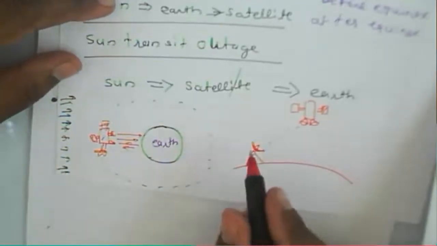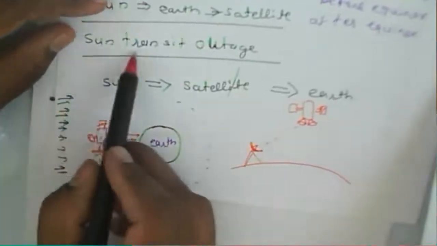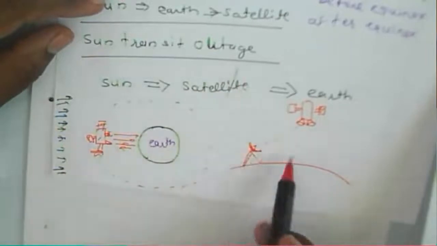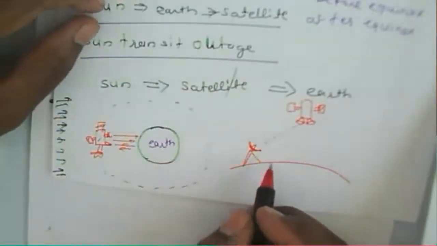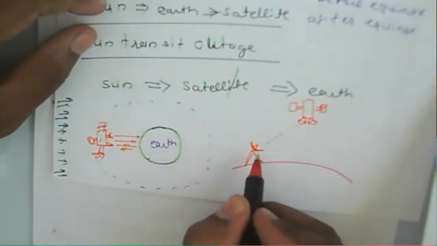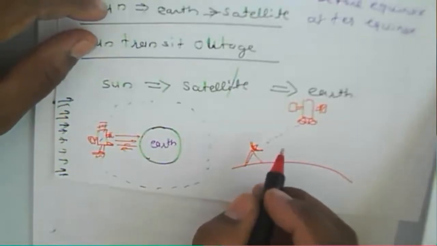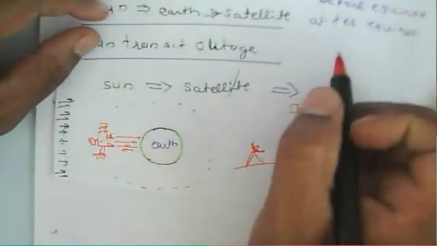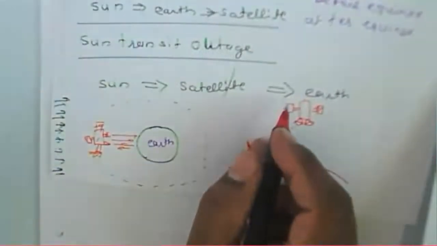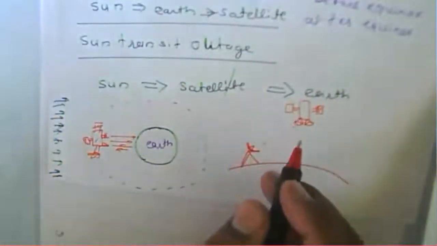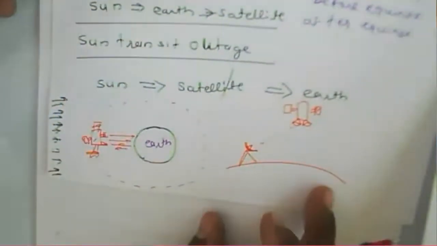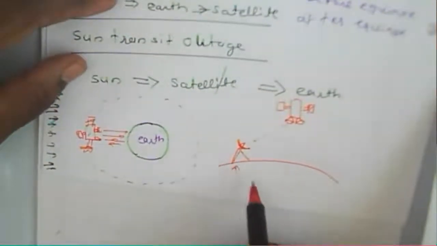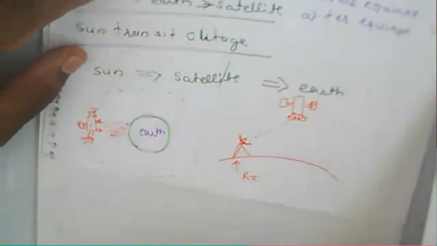So while receiving the signal, the satellite Earth station is considered to have noise from the sun. But at the time of a sun transit outage, the Earth station will not receive a strong signal from the sun. So that is called a sun transit outage.